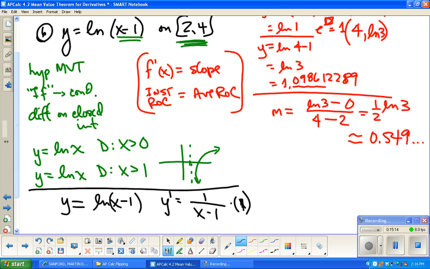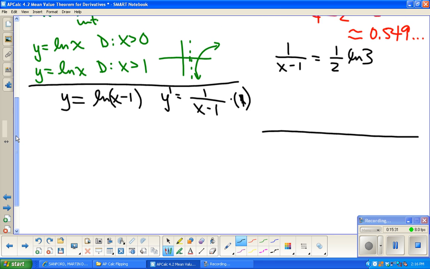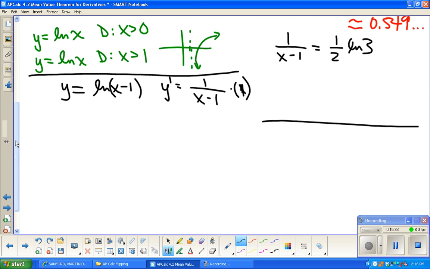Okay, so I'm going to take 1 over x minus 1 and make it equal to 1/2 natural log of 3 if we're going to do this exact, or if we're going to do this rounded, I know some of you are going to freak out if I do everything with a natural log floating around in there, 1 over x minus 1 equals 0.549 forever.